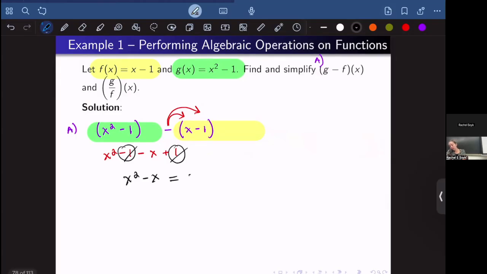If you wanted to factor it, you can, but you don't have to. And then we're done. You only have to factor if they tell you to, or if they ask you to find the solutions, possible solutions of x. Like when they ask to simplify, does it happen automatically?